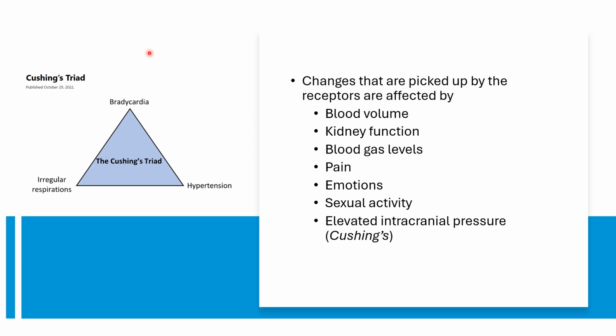The changes that can be picked up by the receptors can be affected by a lot of different things. If a baroreceptor picks up on a blood volume change, say you have a wound and you are bleeding profusely, those baroreceptors are going to signal that the blood volume passing through the artery is not normal, and send information to the medullary cavity in the brain so that there is some sort of response.